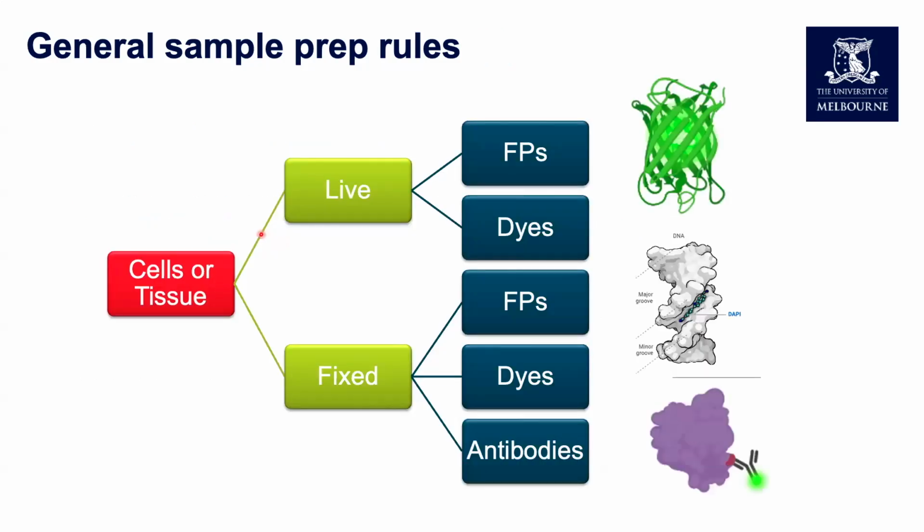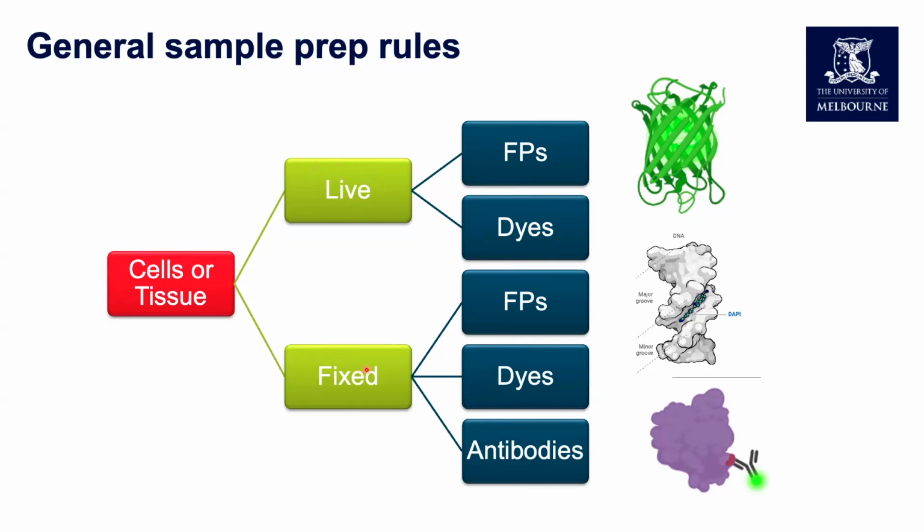Moving on from that, we need to start to think about what we're going to stain our samples with. So if we have cells or tissues, we've got a few decision trees here in terms of what we can use. So if we want to do live cell experiments, we're limited to either fluorescent proteins or dyes.